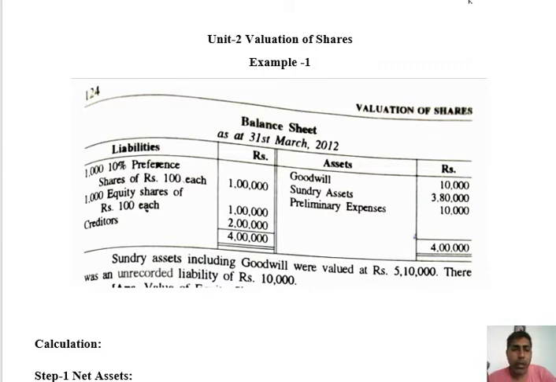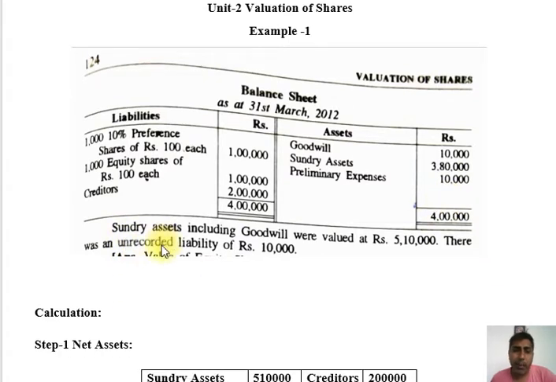On the liability side: 10% preference shares of rupees 100 each, 1 lakh; 1000 equity shares of rupees 100 each, 1 lakh; creditors 2 lakhs; total 4 lakhs. Asset side: goodwill 10,000, sundry assets 3 lakh 80,000, preliminary expense 10,000, total 4 lakhs. Additional information: sundry assets including goodwill were valued at rupees 5 lakh 10,000. There was an unrecorded liability of rupees 10,000.